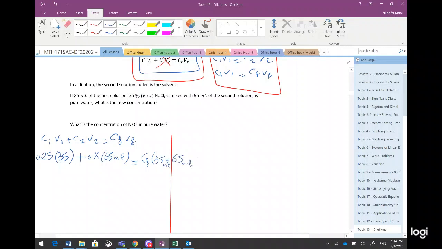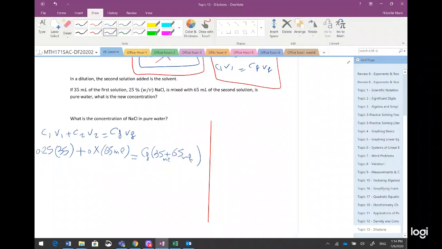And because I have both in milliliter, I don't need to be worried about conversion, and it didn't say I have to change it to liter or something.